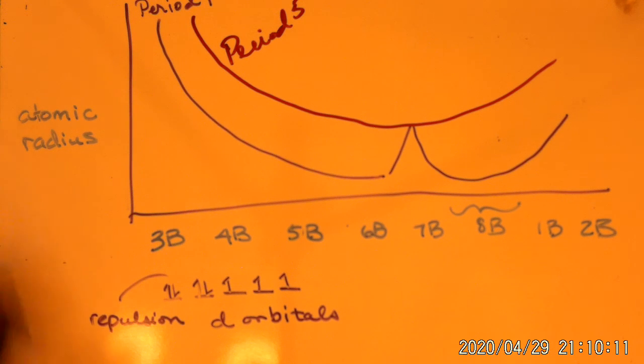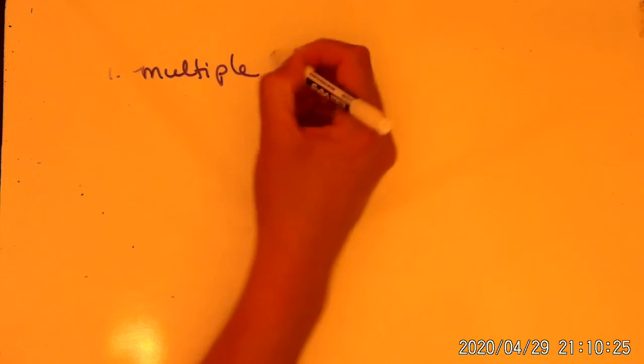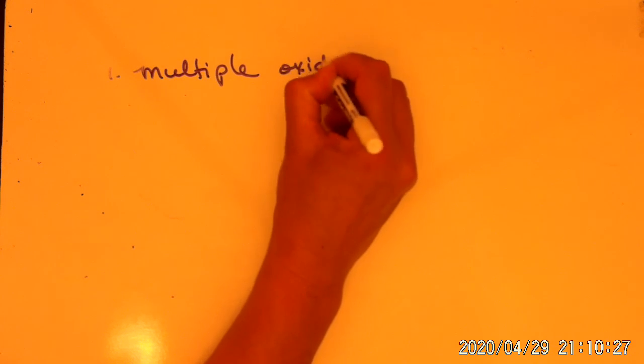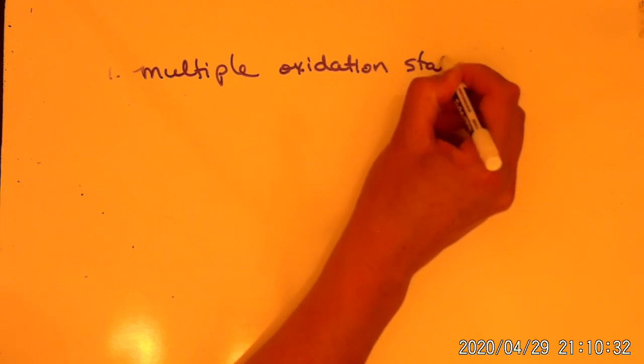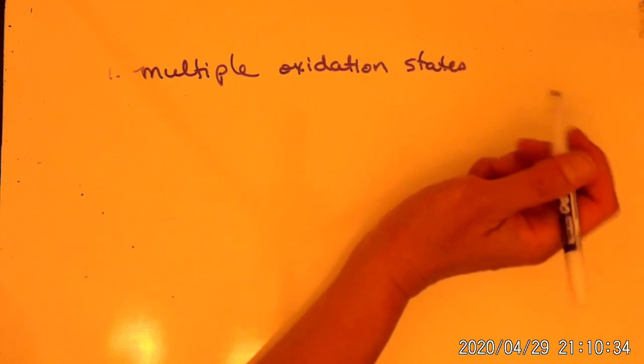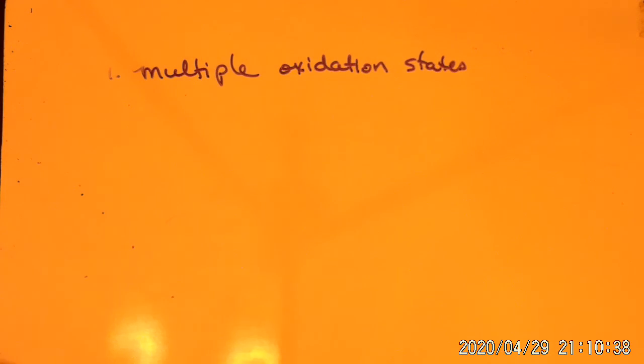Now, what else do we know about the physical properties of transition metals? Well, another thing we know about transition metals is that they have multiple oxidation states. The highest value we'll see is osmium, which has 8.